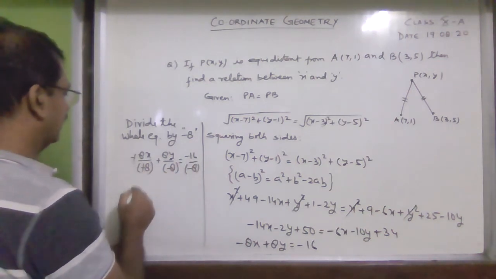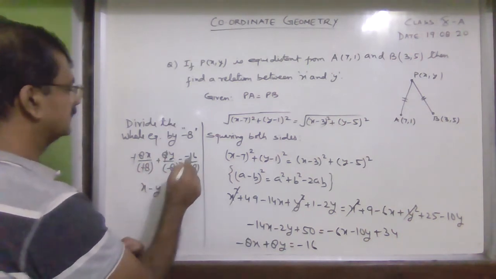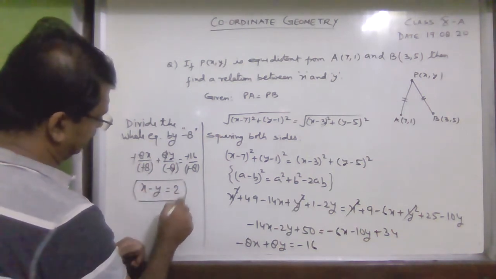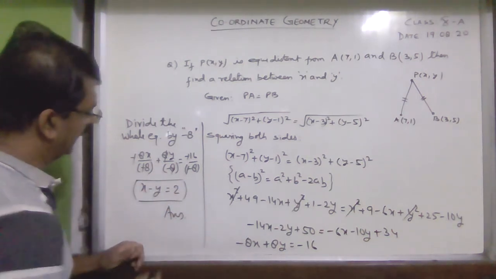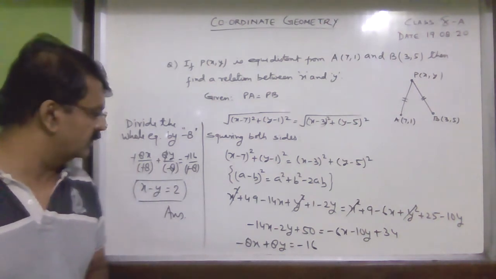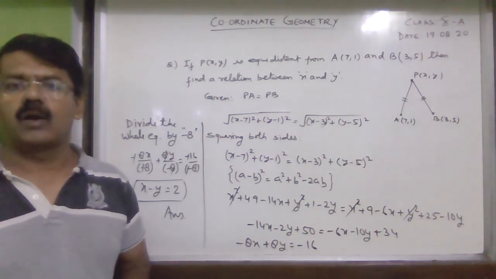Now see, this is x minus y is equal to 2, and that is your answer. That is the relation between x and y. X minus y is equal to 2 is the relation between x and y.